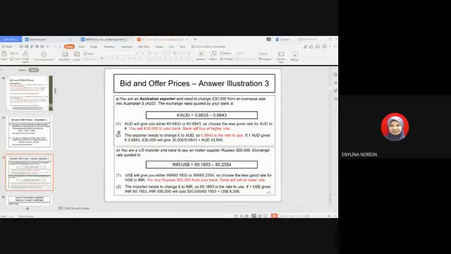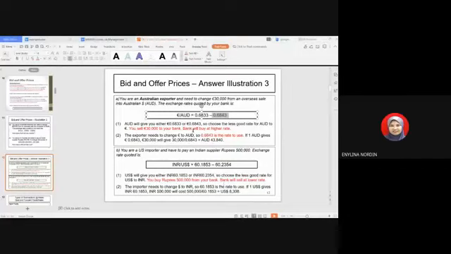So at what rate, the second step, so the rate that will be used by the bank is what? Buy at higher rate. So that is the rule. So the bank will buy the currency. So how much Aussie dollar will the company get? This is the calculation here. You need to use buy at high. So the bank will use this rate 0.6843. For 1 Aussie dollar, it equals to 0.6843 euro.